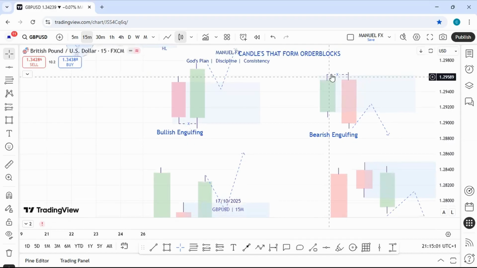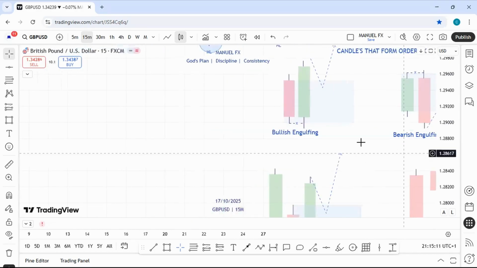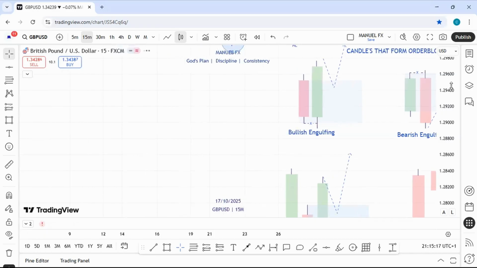Once I see this candle formation, the next question I'm going to ask myself is, where is the POI coming from? Where is the POI starting from?